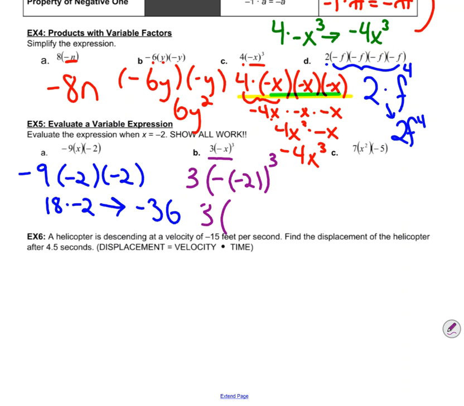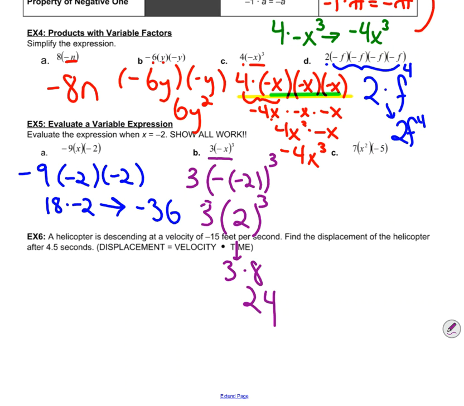That's the same as -1 times -2, which is just a +2, all cubed. 3 times a +2 all cubed, that gives us 3 times 8, because by order of operations, exponents first, which gives us 24. Gorgeous.